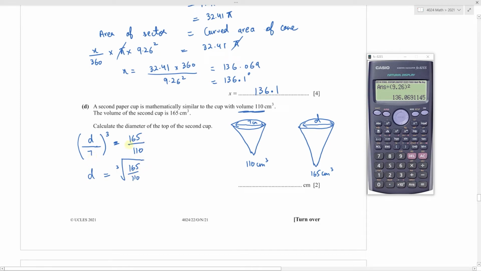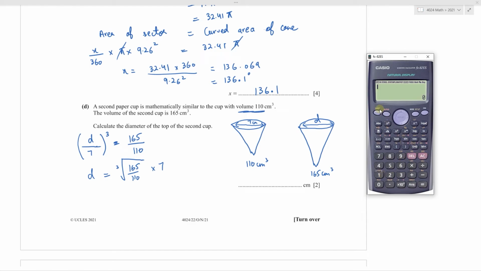And then if I take the 7, 7 will be multiplied like this. So 165 divided by 110. And then I have to take the cube root here. So cube root will be power 1 over 3.